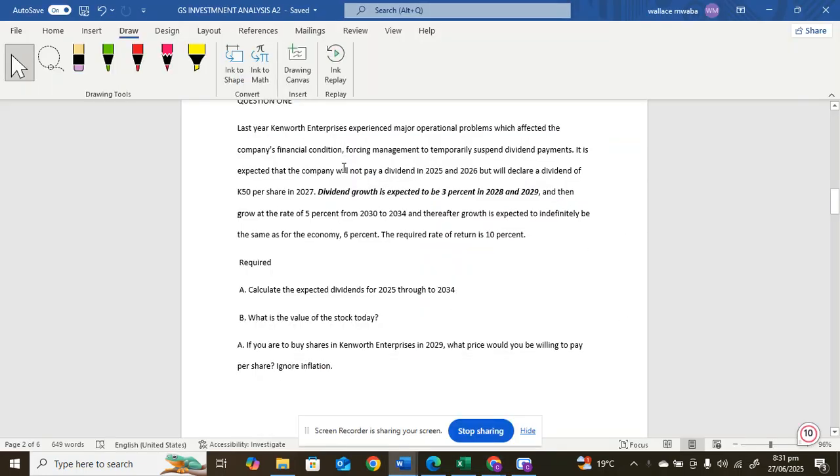Okay, so we're still looking at this question for Kenworth Enterprises. They told us Kenworth Enterprises experienced major operational problems which affected the company's condition, forcing management to temporarily suspend dividend payments.